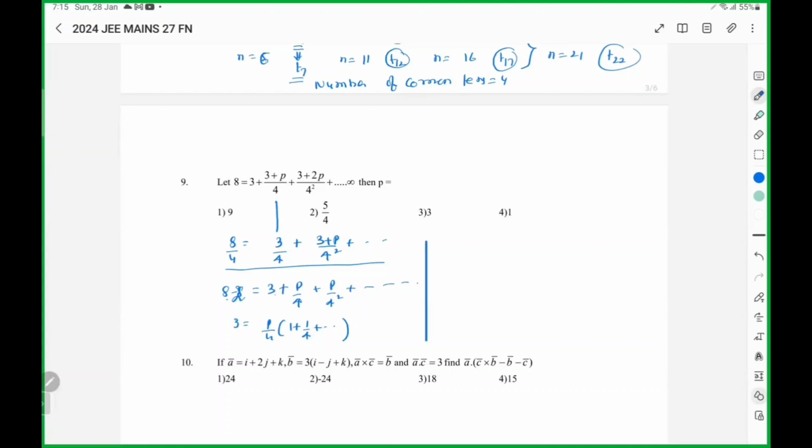We get 3 is equal to p by 4 s infinity a by 1 minus r. Here p value is 9.